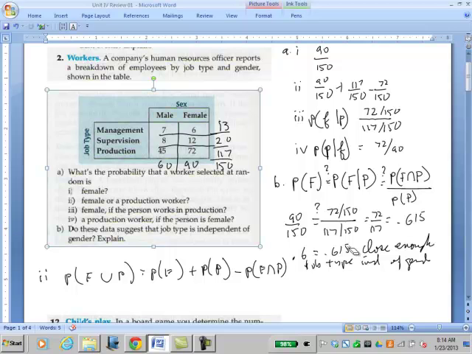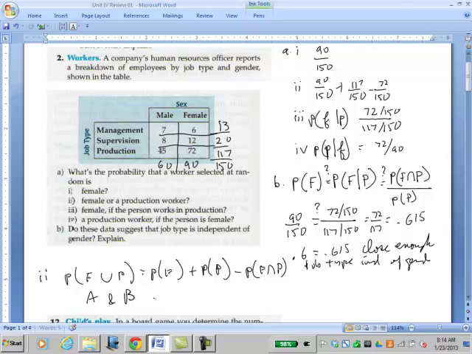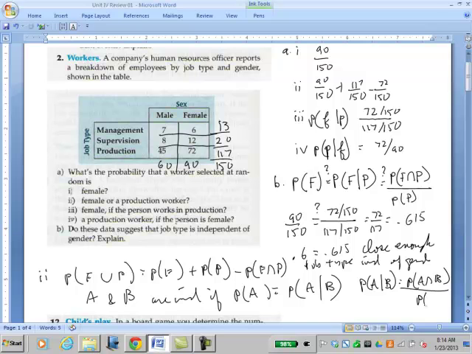A and B are independent if the probability of A equals the probability of A given that B has already occurred. And of course, the probability of A given B equals the probability of A and B over the probability of B. You've got to be 0.02 or less, less than or equal to 0.02, either way.